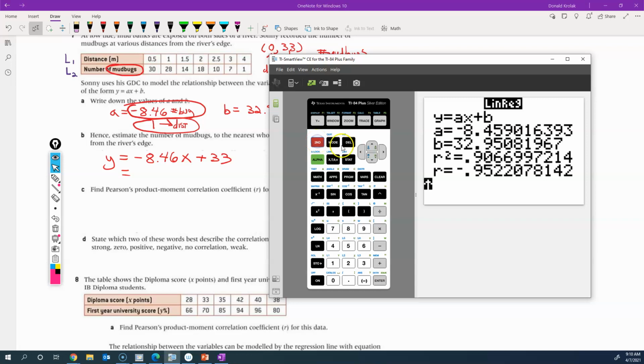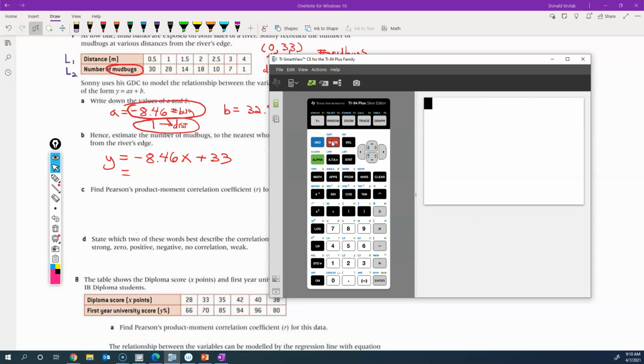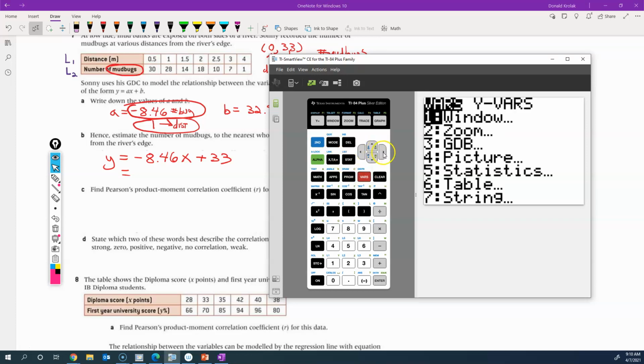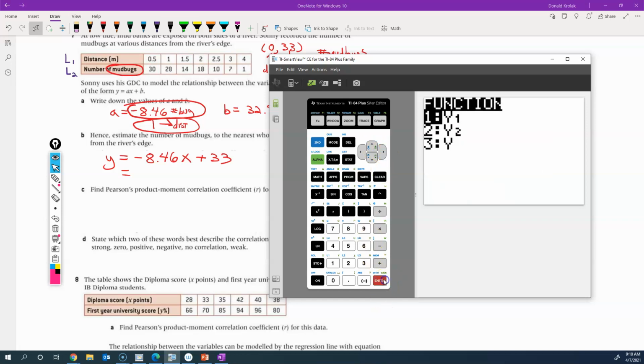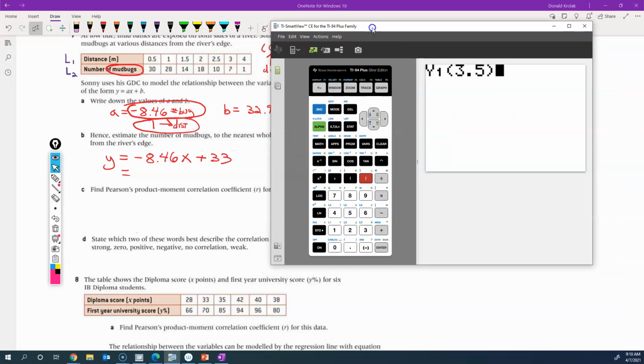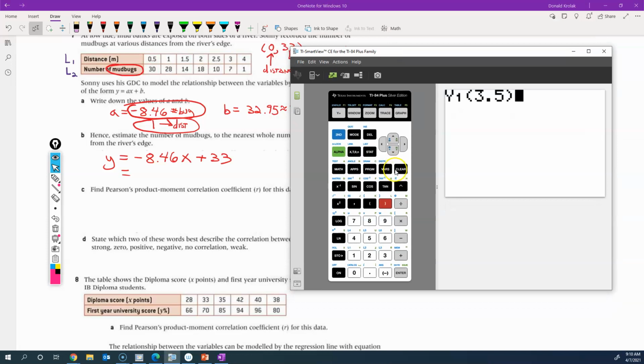So go second mode, clear it, just second mode. And then we're going to go variables, right arrow, enter, enter. And now it'll put in 3.5. And it'll plug it in using the longer version, the gradient and the y-intercept. Okay, then round your answer.